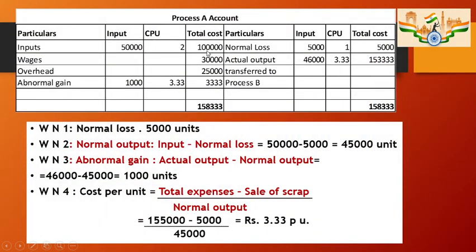Here 1 lakh plus 30,000, 1,30,000 plus 25,000, that is 1,55,000 minus normal loss 5,000, divided by total normal output 45,000. So rupees 3.33 per unit. So here actual output transferred to process B 46,000 into 3.33 equals 153,333. So here abnormal gain 1,000 units into 3.33, that is 3,333.